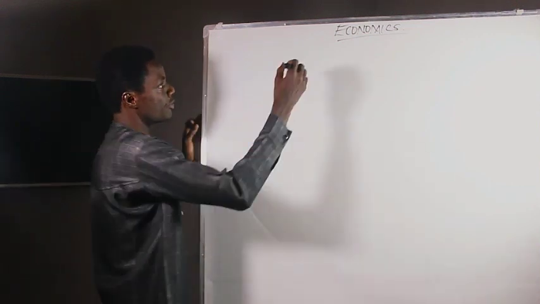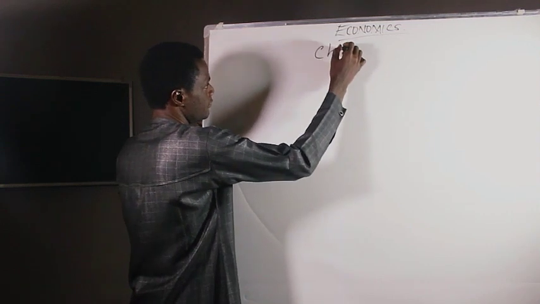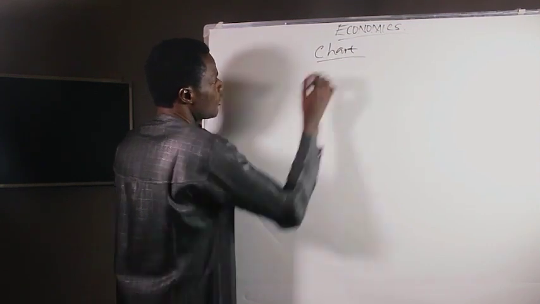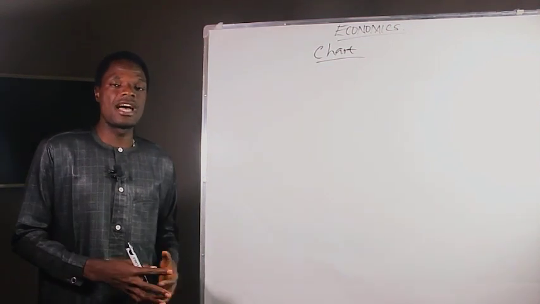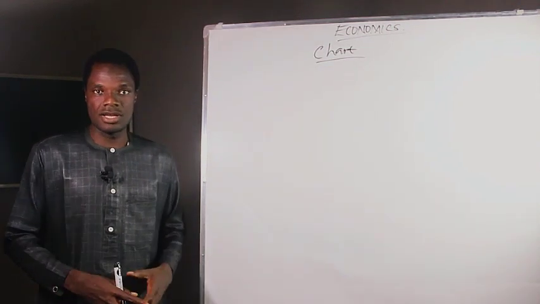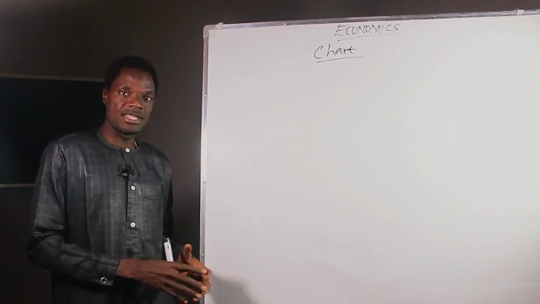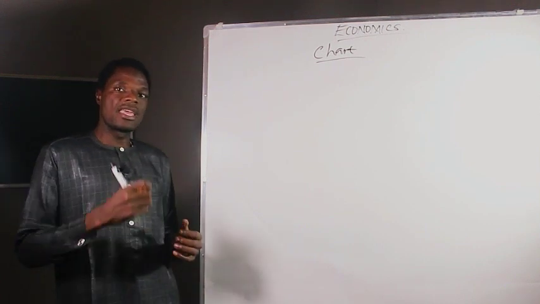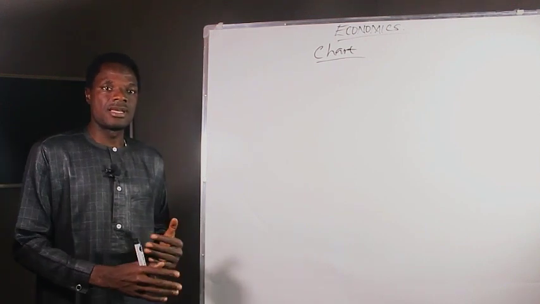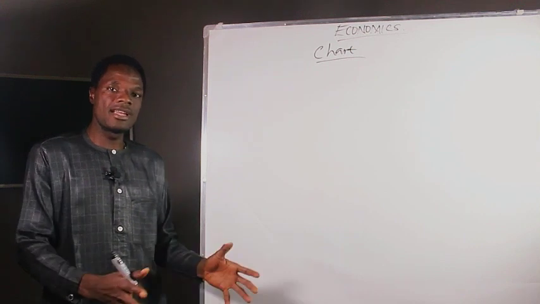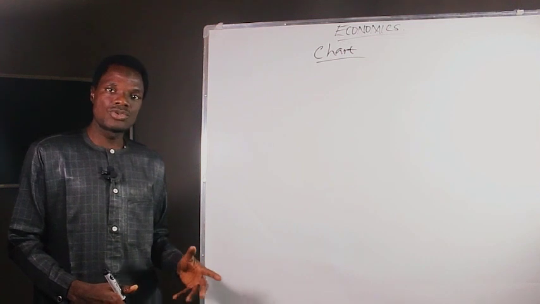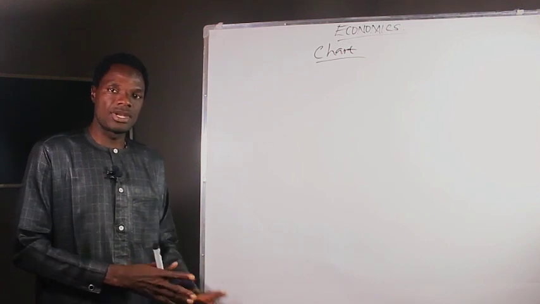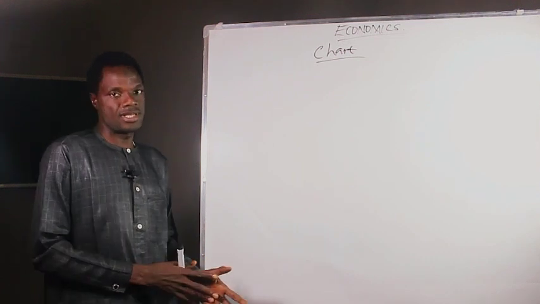Now, we have charts. When we say chart, we mean it is the representation of data for visualization. And what we mean by visualization of the data is to make the information in the text more visible so that any reader that comes across this information will find it easy to access, easy to understand, and simple to interpret.